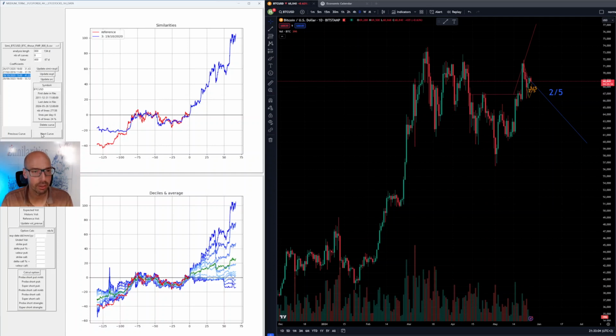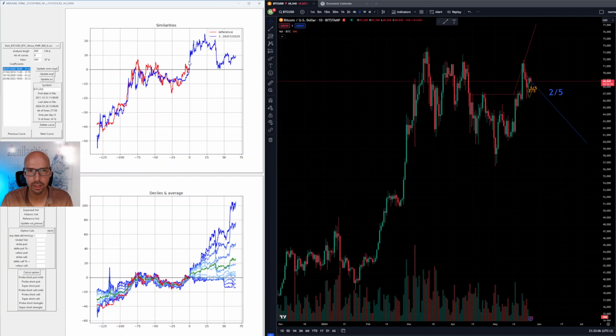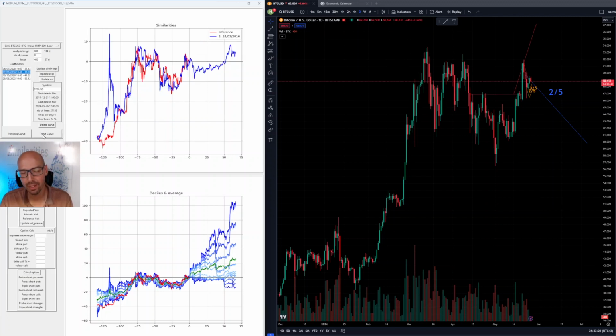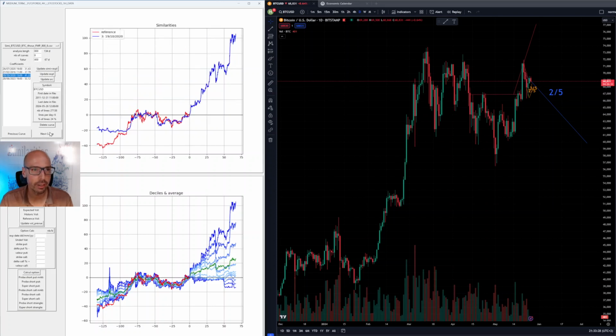So this one is going to be 100% and this one is going to be just 20%, which is nice, but it's not the same behavior as what I am looking at on the red curve. But here, for me, it looks more like that one. Yeah, this one and the last one.